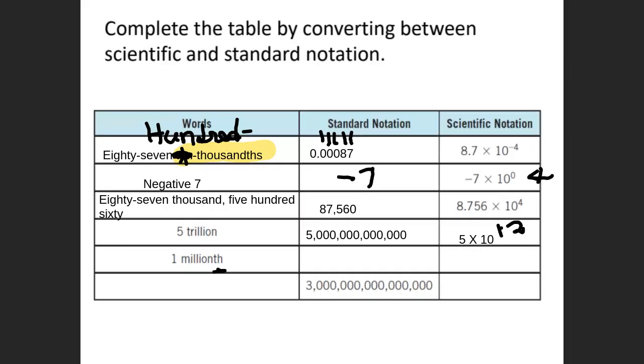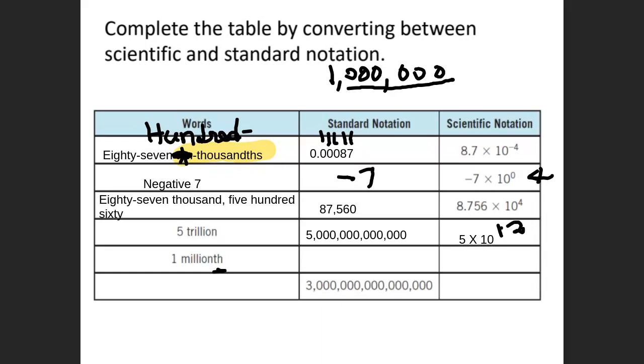Okay, write out and think about how many zeros the number 1,000,000 has. Well, this is millionths. How many zeros do I have here?